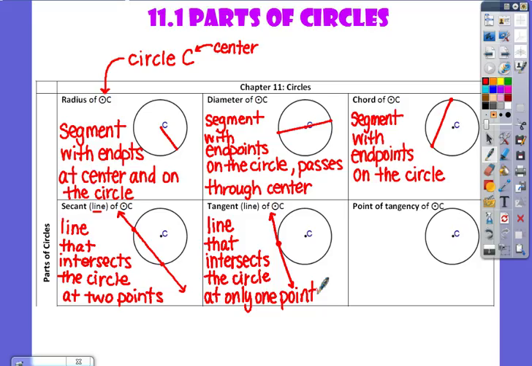And then the point of tangency, it's basically the same picture because it's just that point, the point where the tangent line touches. So that right there is the point of tangency. So this time it's just the point. We say point of intersection for the tangent line and the circle.